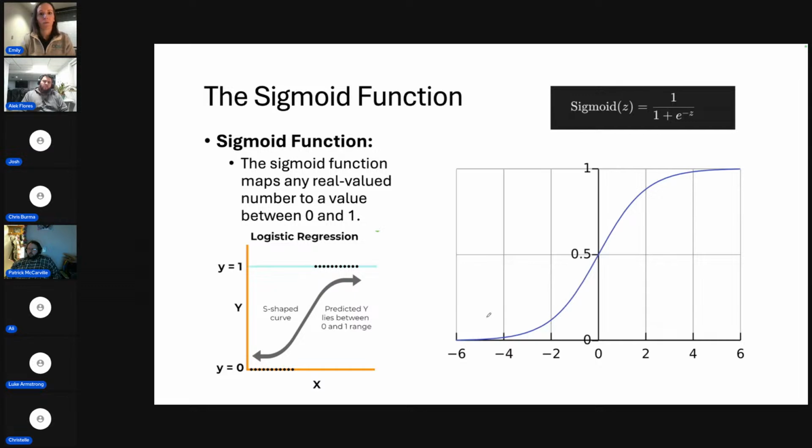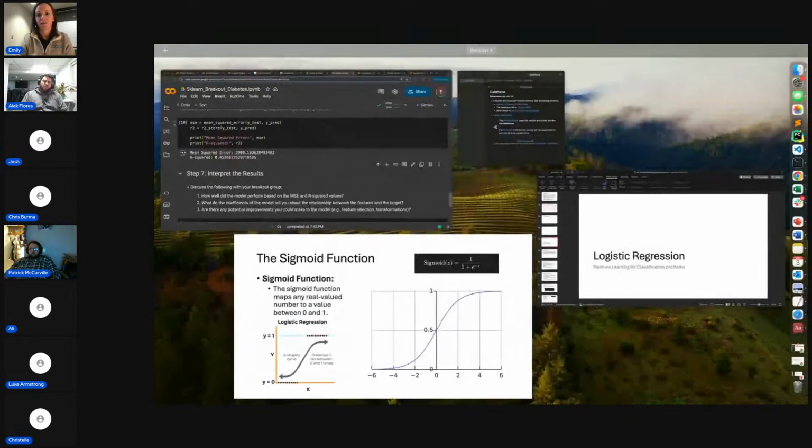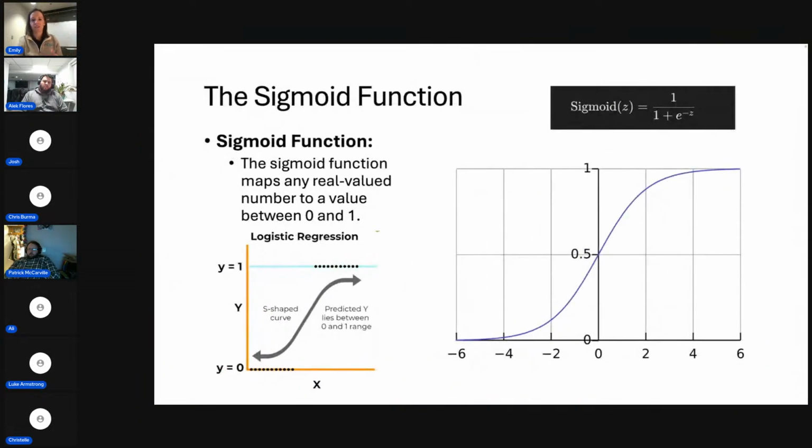Okay, what is that 1 over 1 plus e to the negative z? What does that mean? When I say negative z, you can just remember that's our beta sub naught plus beta sub 1, x sub 1, plus beta sub 2, x sub 2, all the way up to beta sub n, x sub n. So that's what the z represents.